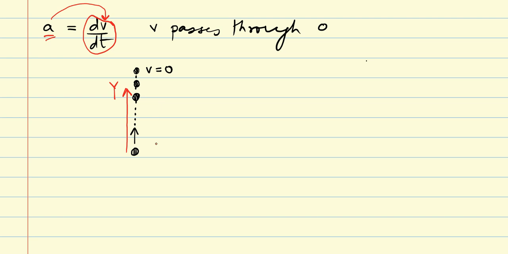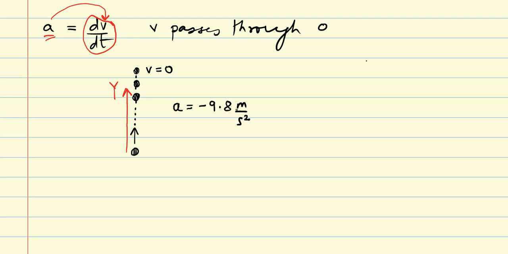Now all of this time when the particle was traveling, it was under the gravitational influence of the earth, and it was subject to the gravitational acceleration of the earth. In other words, during its entire journey, the acceleration of this particular stone was minus 9.8 meters per second squared.